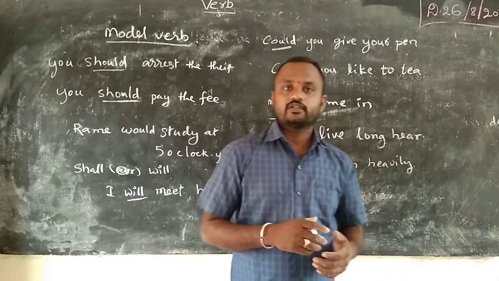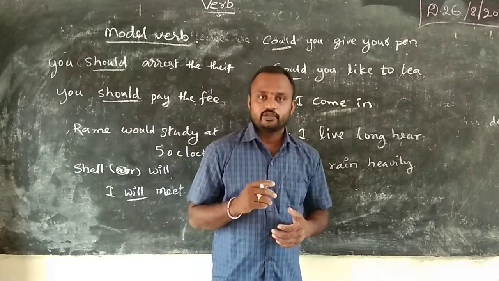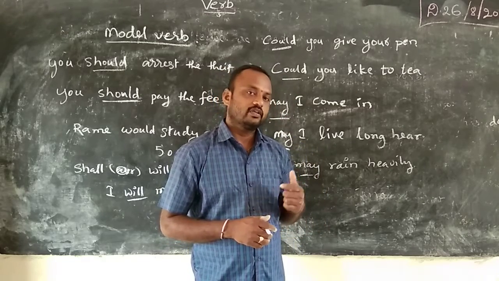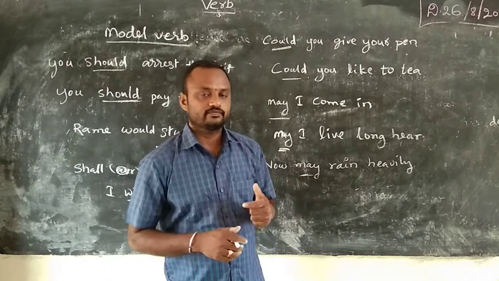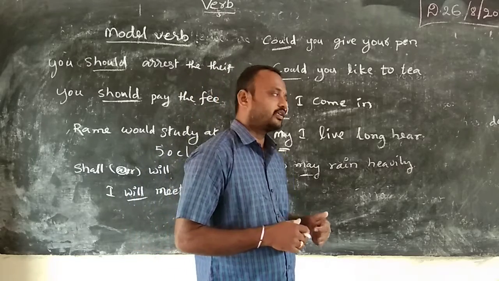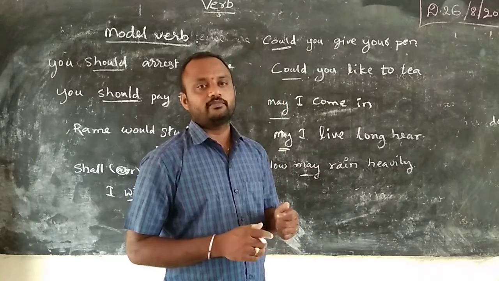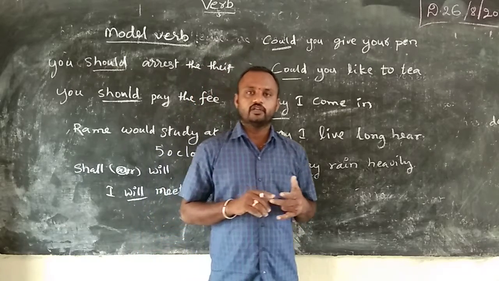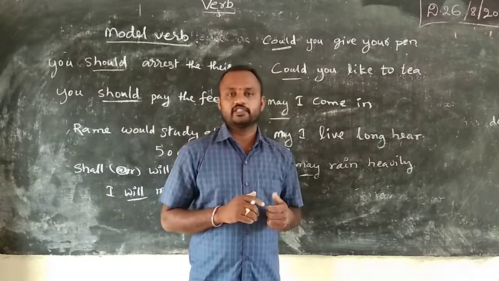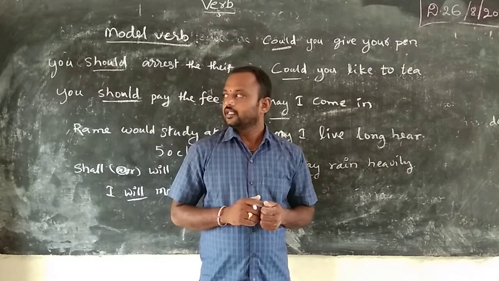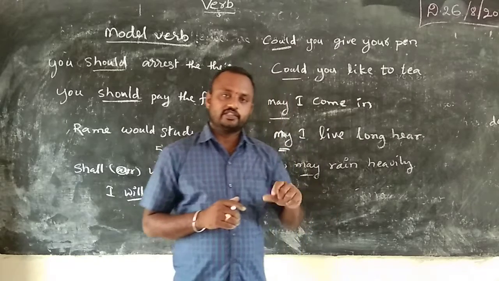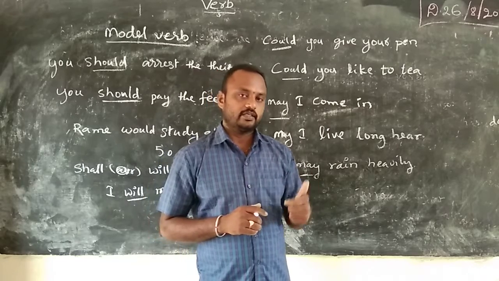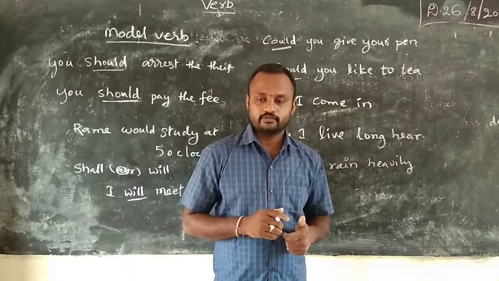These words modify the action words and are called modal verbs. Examples: can, could, may, might, will, would, shall, should. These words modify the main action words. Okay, thank you.